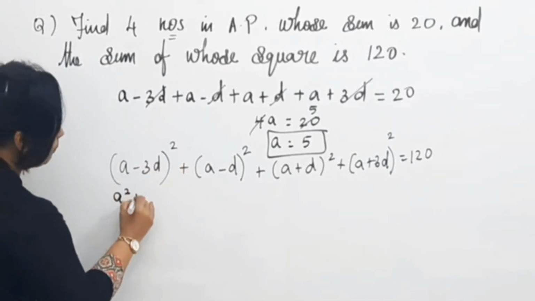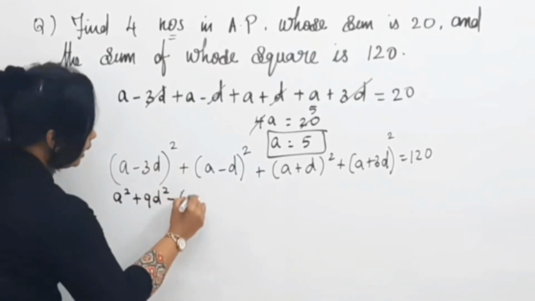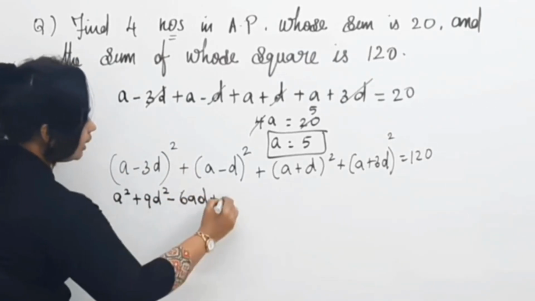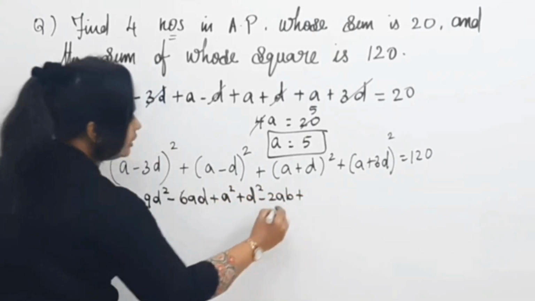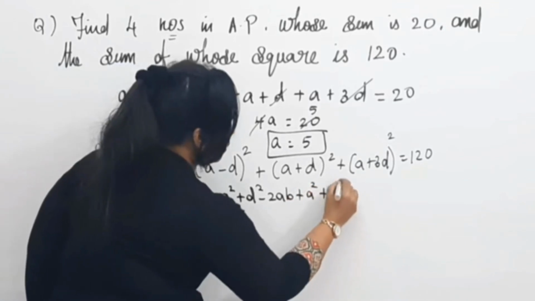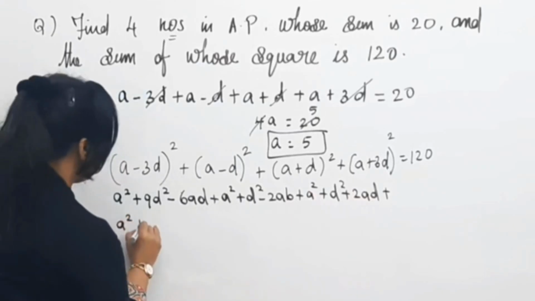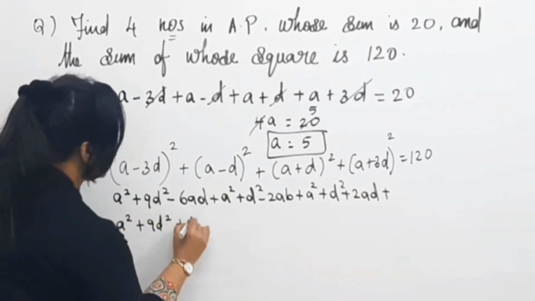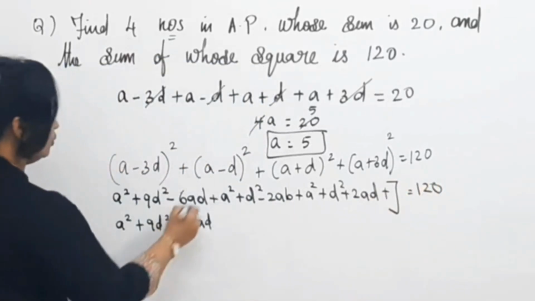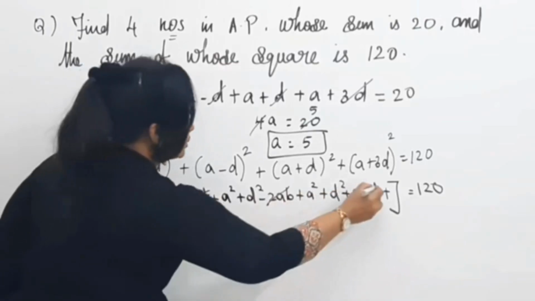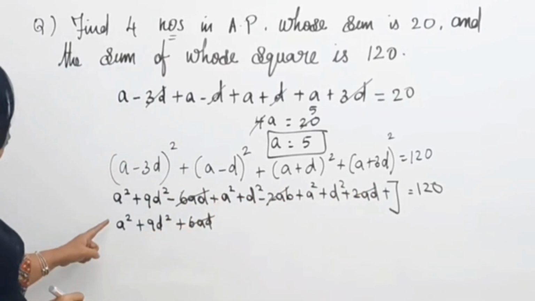So a square plus 9d square minus 6ad, plus a square plus d square minus 2ad, plus a square plus d square plus 2ad, plus a square plus 9d square plus 6ad, that's equal to 120. So I'm going to cancel what can be cancelled. So 1a square, 2a square, 3a square, and then 4a square.